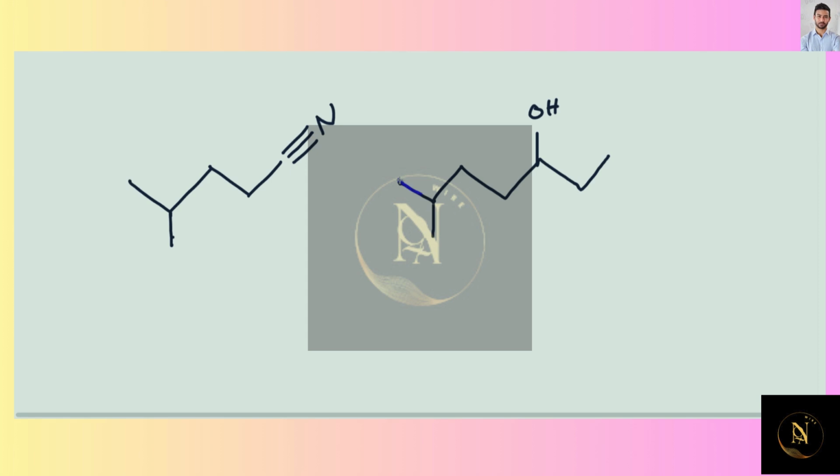If we look at this structure, 1, 2, 3, 4, 5. 2, 3, 4, 5, right? This carbon is that carbon. Does that start to reveal maybe something that happened?